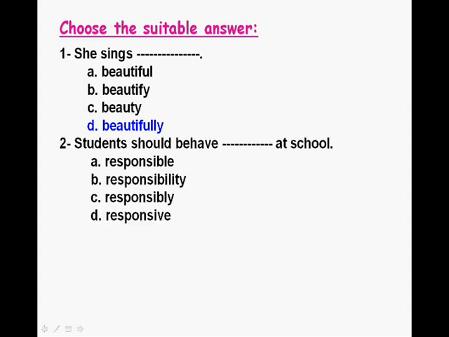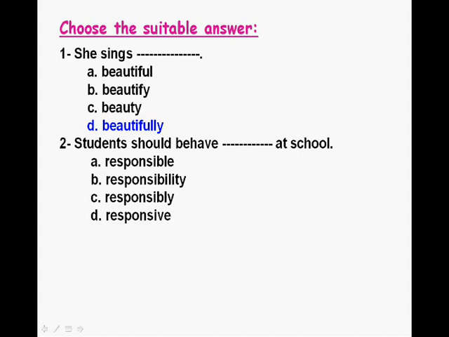Number 2, students should behave at school. A, responsible, B, responsibility, C, responsibly, and D, responsive. Again, we have here, how should the students behave?